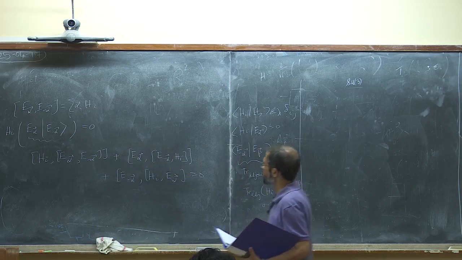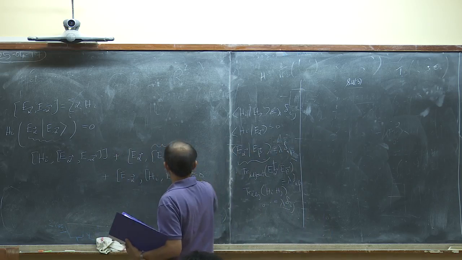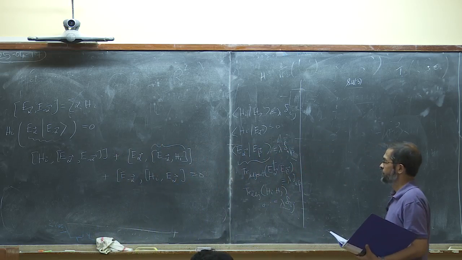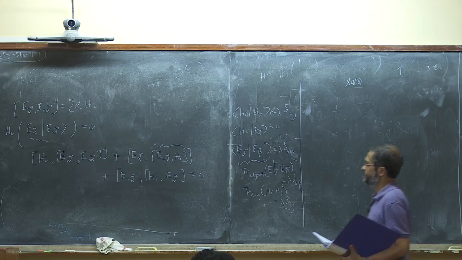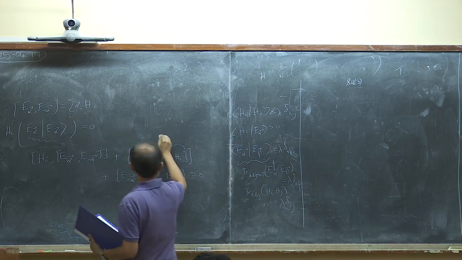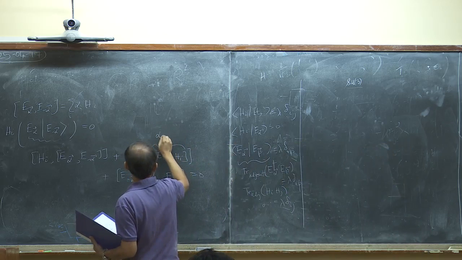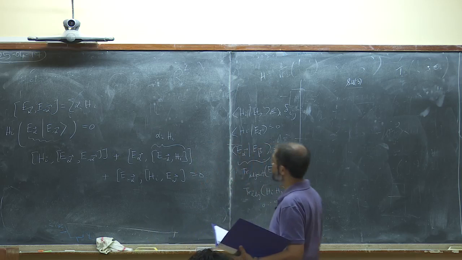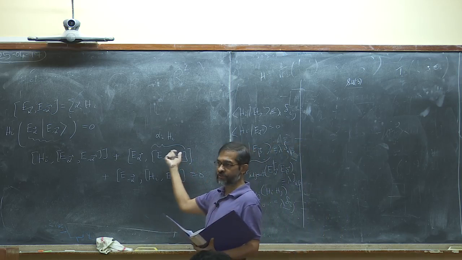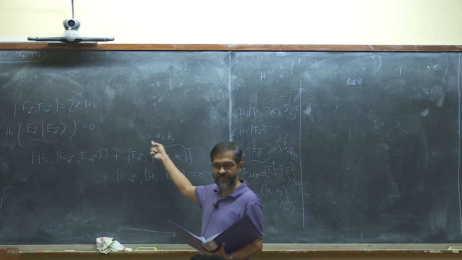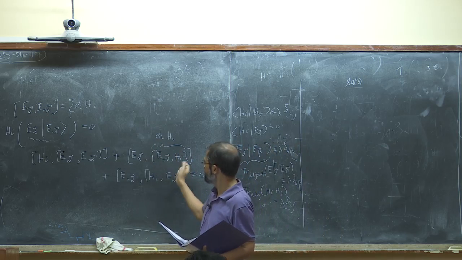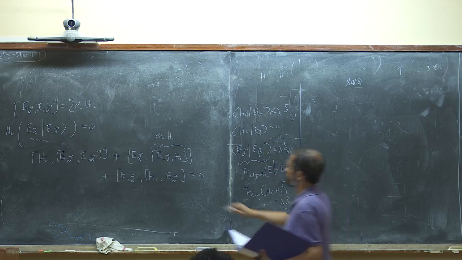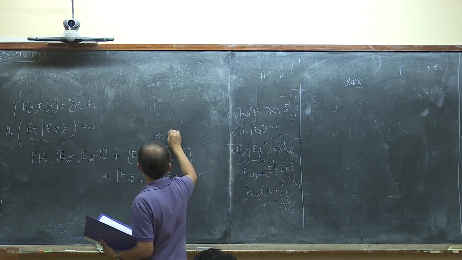Okay, but what is this? Can anybody say what this object is? So this is alpha I Hi, correct? Because Hi acting on E minus alpha would have been minus alpha I. So in this combination it would be alpha Hi. Oh, sorry, excuse me. Thank you.